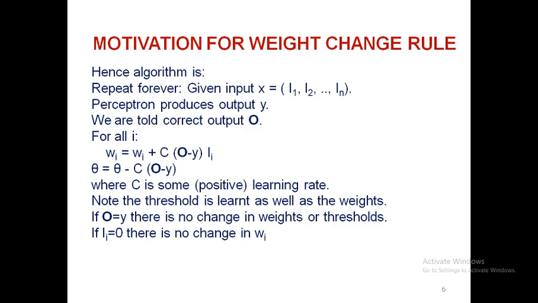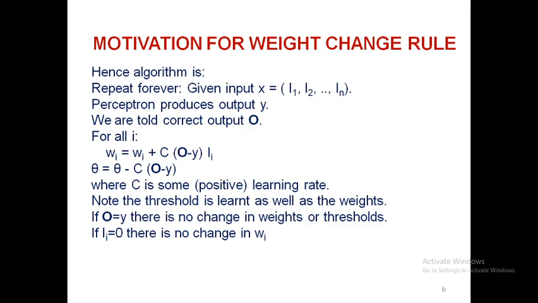For all i, which is nothing but i is equal to 0 to n, your Wi, which is nothing but weight, Wi is equal to Wi plus C into (O minus y) into Ii, and theta is equal to theta minus C into (O minus y). Where C is some positive value and here it is called the learning rate.